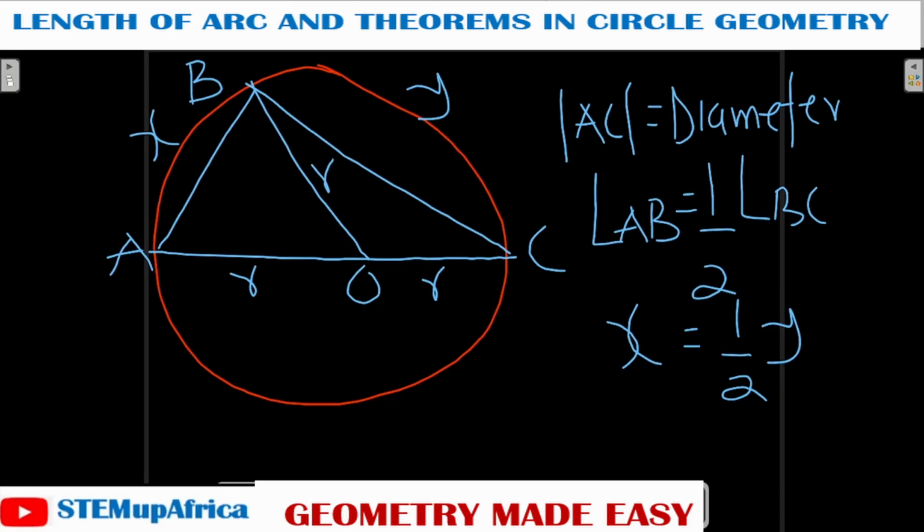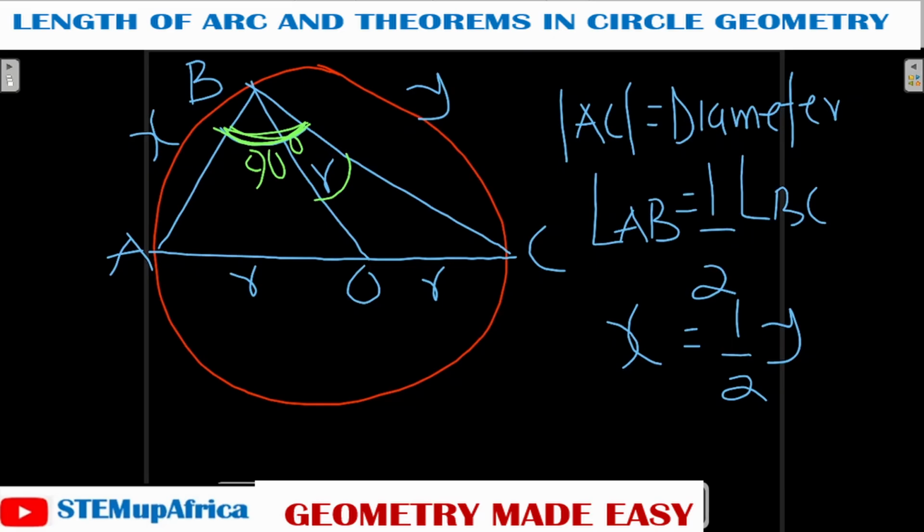Then don't forget, we are told that line AC is a diameter. That means the whole of this angle at B is 90 degrees, since line AC is a diameter. So let's classify this angle OBC as theta.